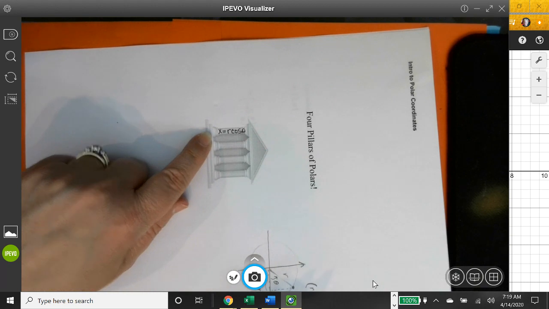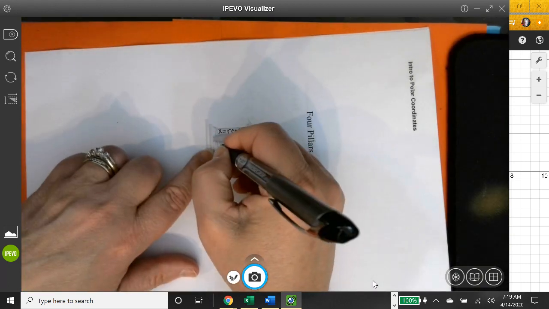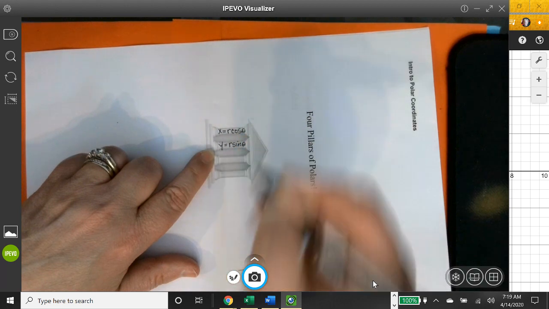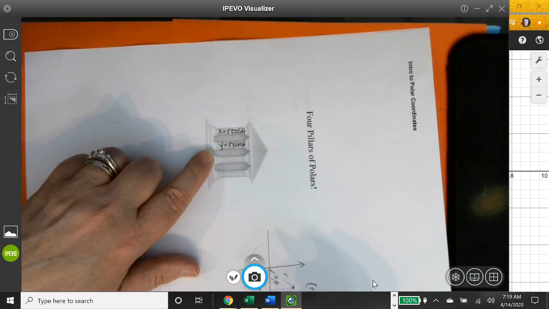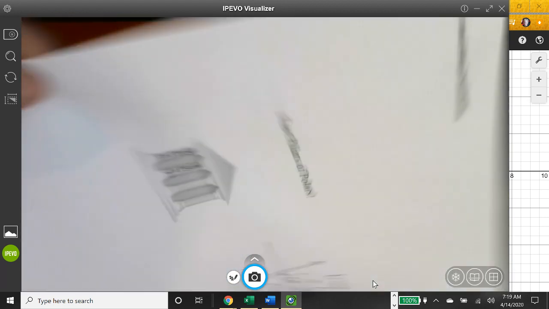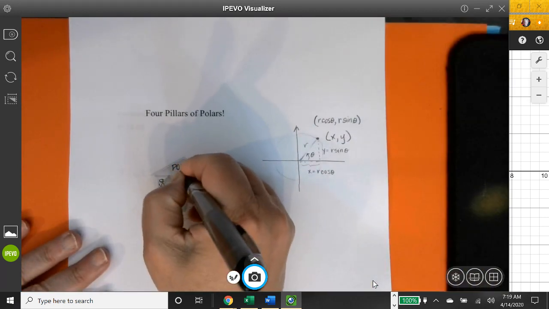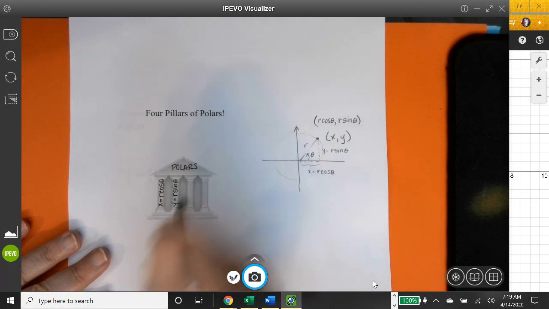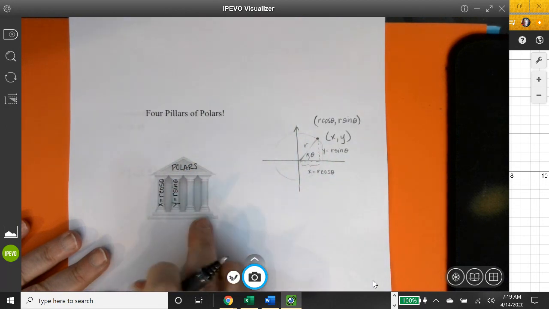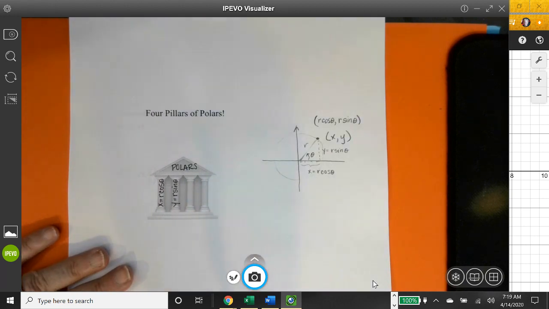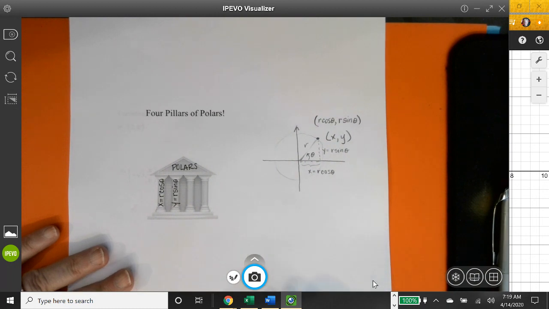And then the second pillar is y equals r sine theta. Because we're going to enter the building, we're going to call this building polars. And in this building, we have four pillars or columns, but pillars sounds more fun because of the alliteration.